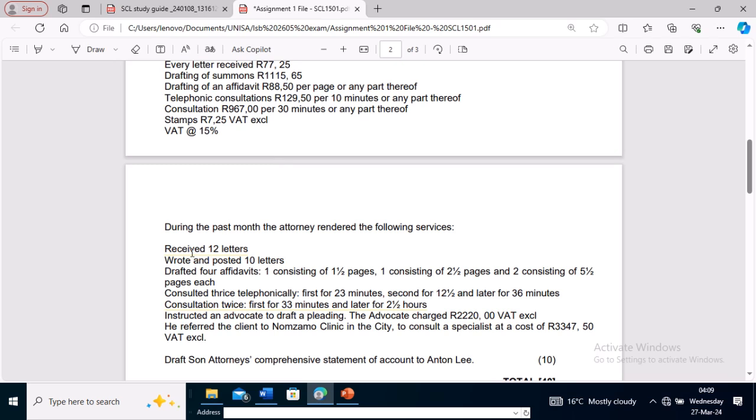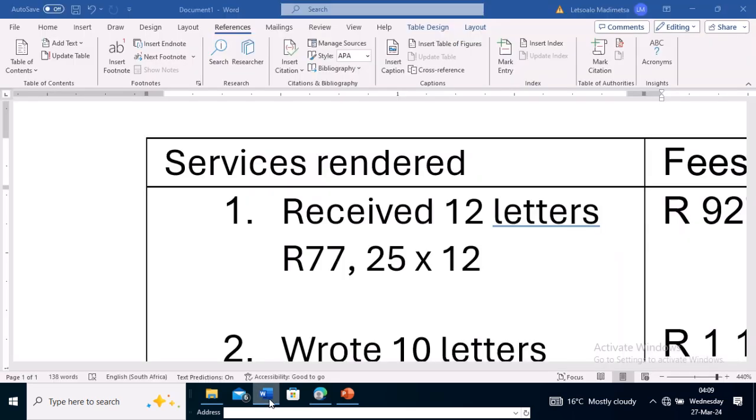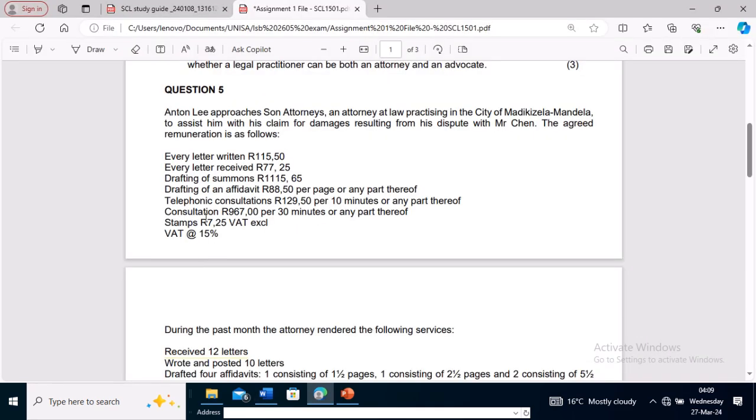Then you take this, received 12 letters, and write it here as the first point. Then let's check the amount of 12 letters. The amount of 12 letters is 77 rand 25 cent.